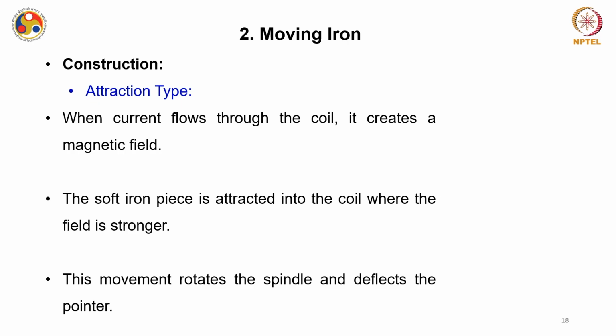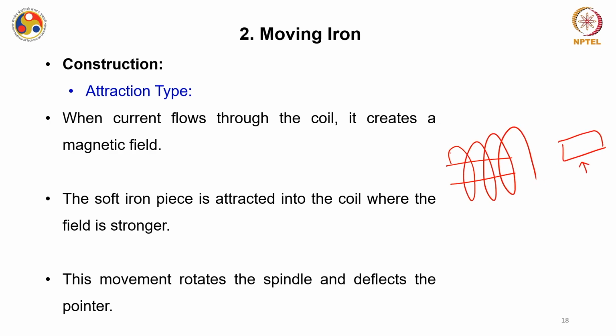When current flows through the coil, it creates a field and the soft iron piece is attracted into the coil, where the field is stronger. So you have this coil and you have this magnet. When you pass this current, this iron is getting magnetized and it is getting attracted.